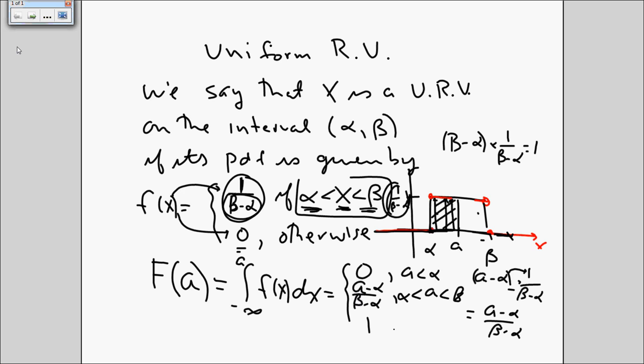You get everything if A is bigger than beta. That is exactly what the cumulative function is: everything up to the x value A.